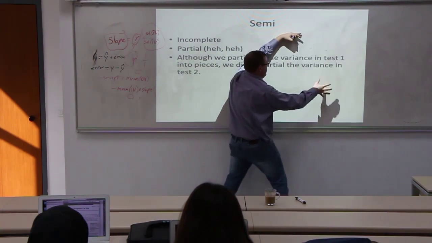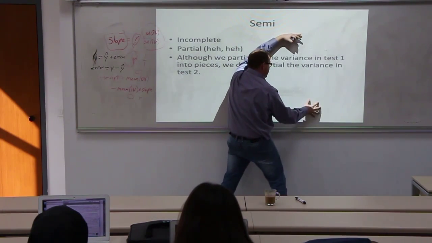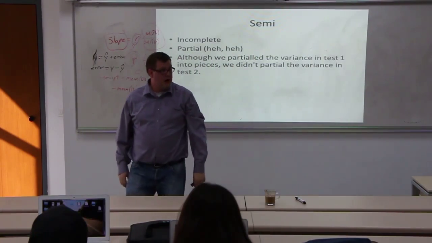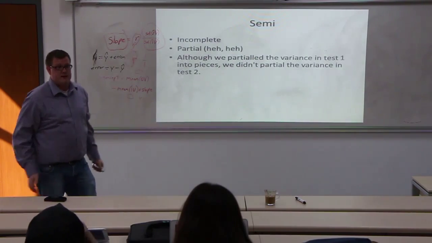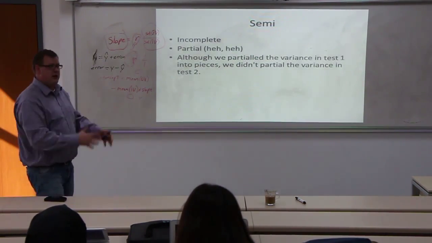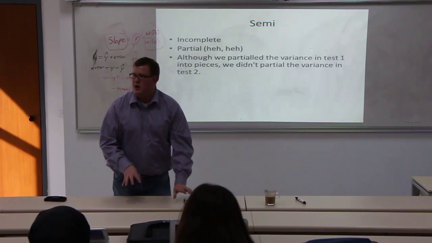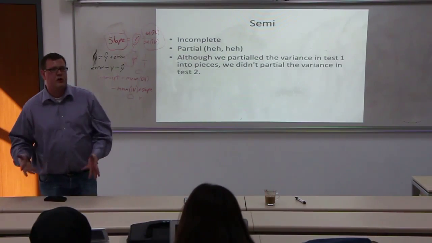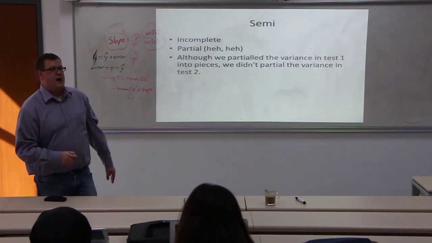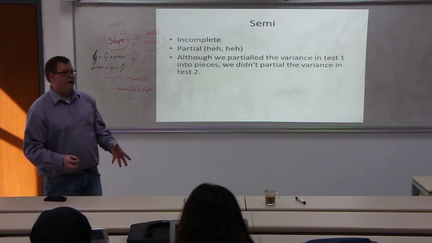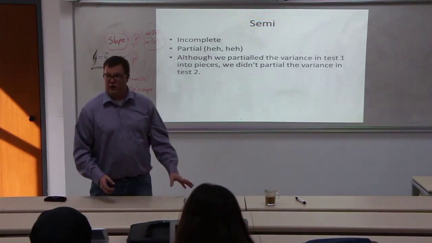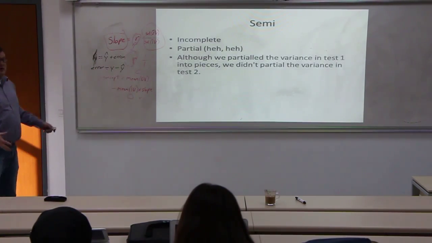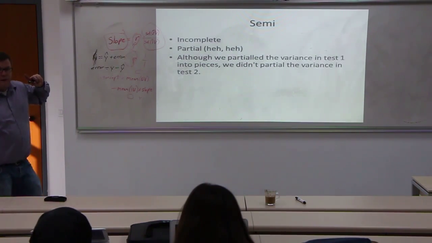Although we took out the homework from test 1, we didn't take out the homework from test 2. In fact, we left it in on purpose. We found the correlation and then the coefficient of determination for the homework in test 2, and then we added the unique correlation, the semi-partial correlation, and then we could square that to get the semi-partial coefficient of determination that told us the unique variance in our test 2 scores that was explained by test 1.